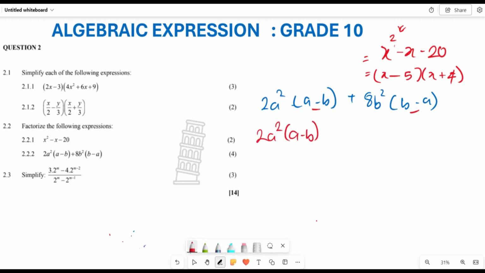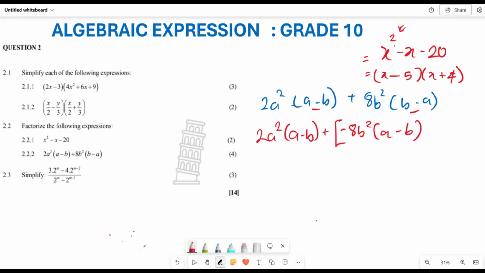Now I can swap this, but for me to swap this, I need to take out a negative sign, right? So when I take out the negative sign, this is going to be the same as -8b squared into brackets a subtract b.